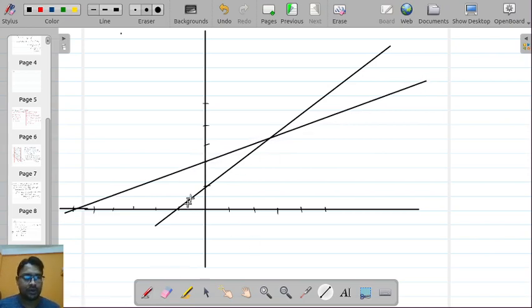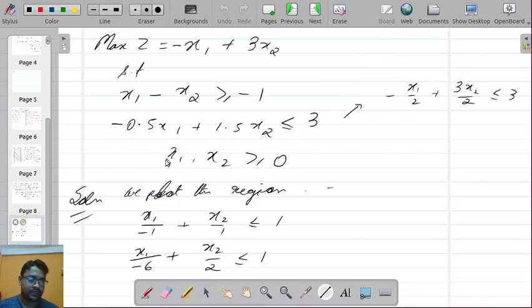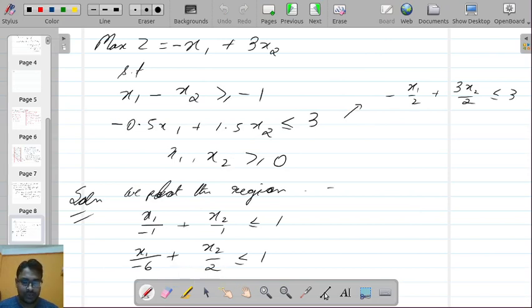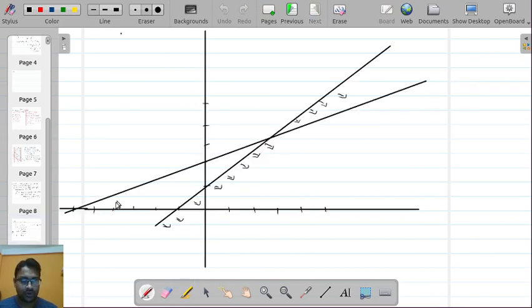Now I have to plot the region. The origin (0, 0) satisfies the first constraint, so the region is towards the origin, where the origin lies. For the second one also the origin satisfies, so our region is again towards the origin.